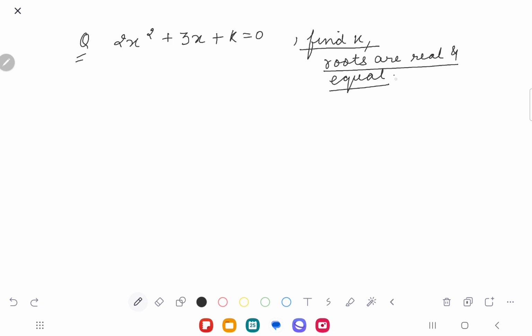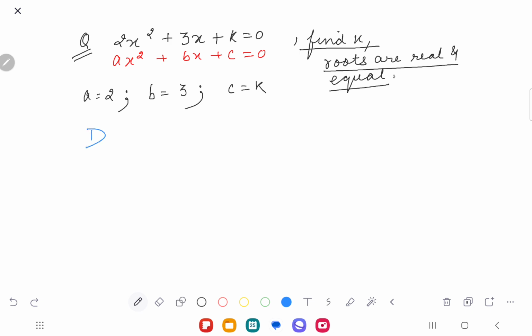What would you do? You will compare it to ax square plus bx plus c equals to 0, so a equals to 2, b equals to 3, and c equals to k.